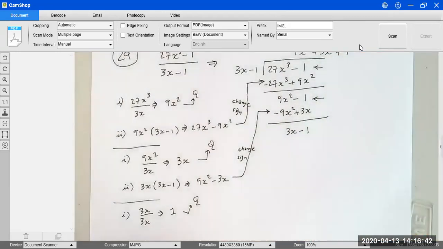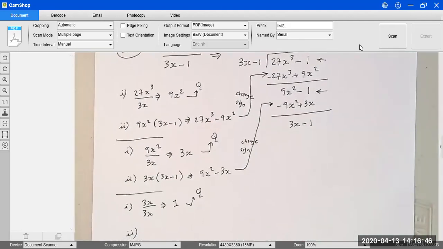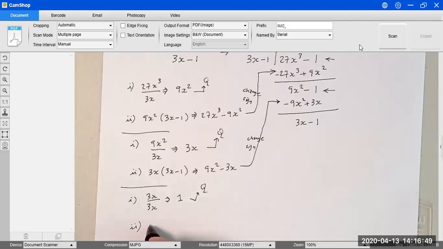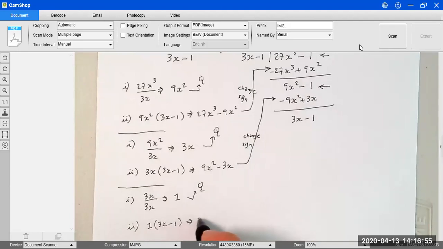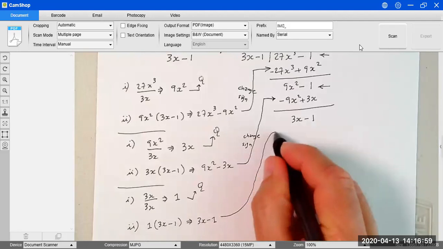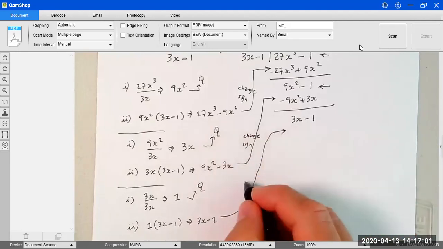So then I need to write the product of that number 1 and the whole divisor, which is 3x minus 1. So I'm going to get 3x minus 1, and then I'm going to write it here under with an opposite sign.